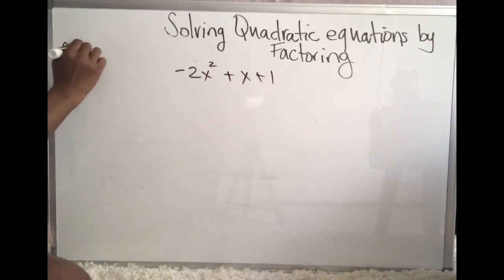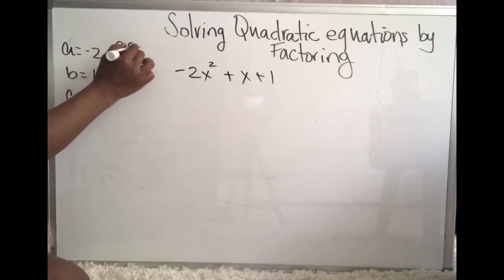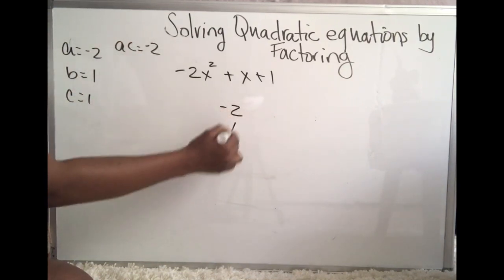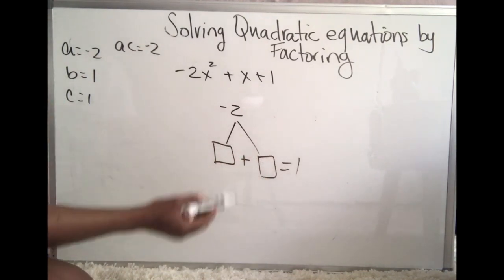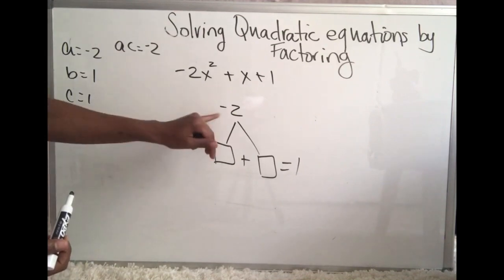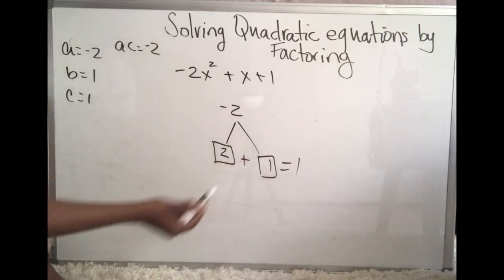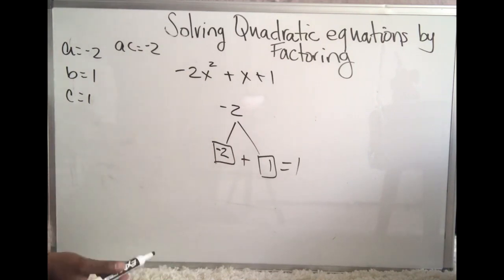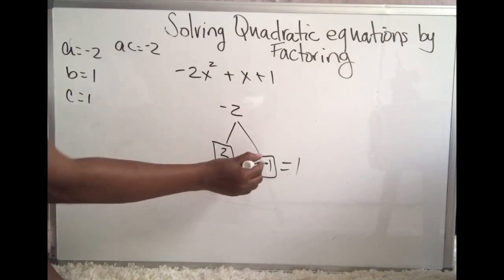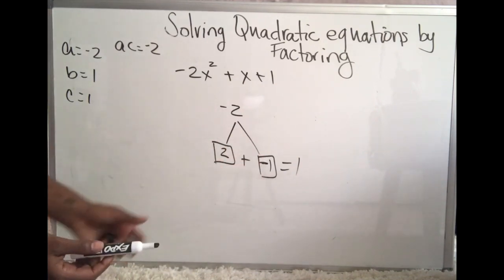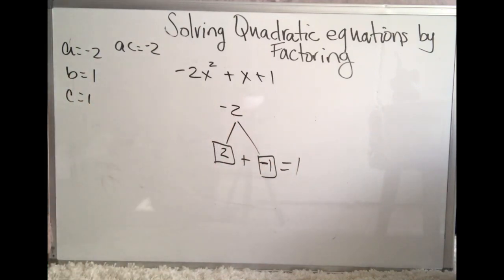So my A is negative 2, my B is 1, and my C is 1. A times C is negative 2. So something multiplied together gives me negative 2, and added gives me 1. I'm going to first go with 2 and 1, and then I'm going to add my negative to this one, because 2 minus 1 is 1, and 2 times negative 1 is negative 2.